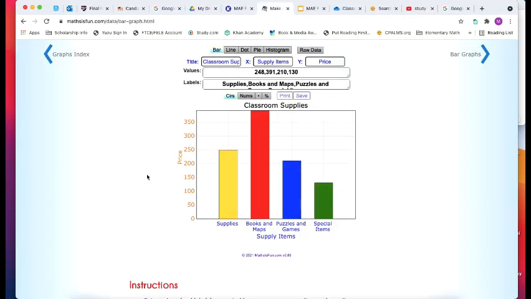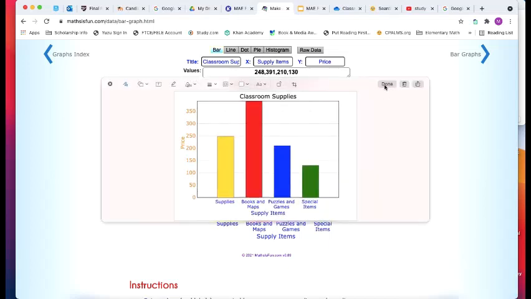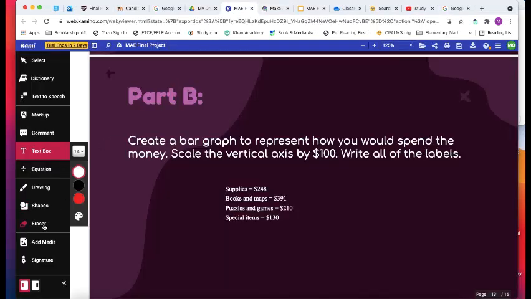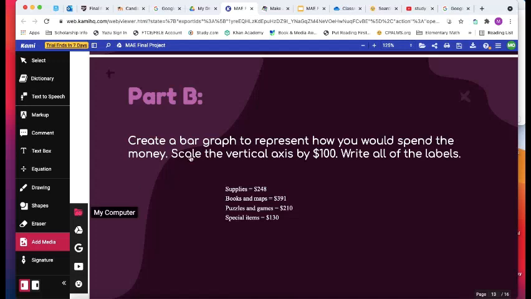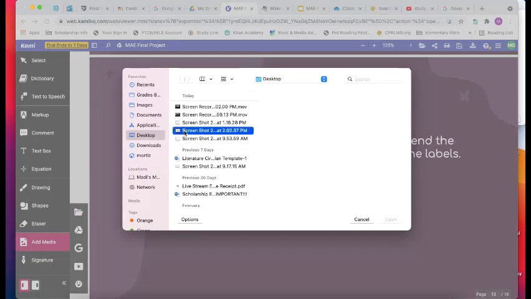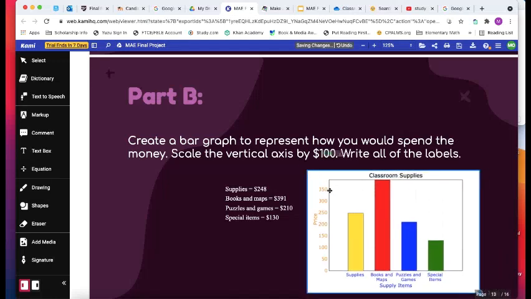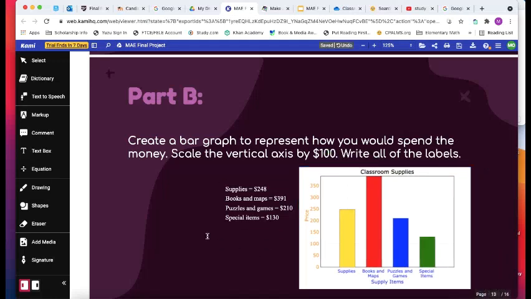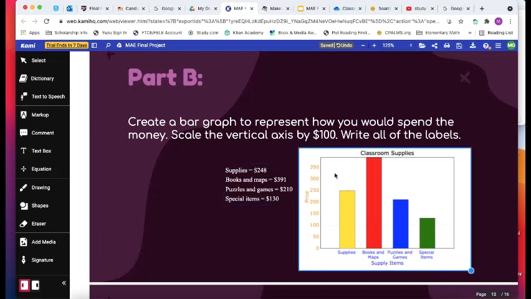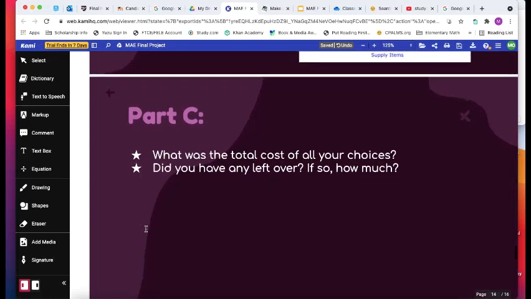So I'm going to take a screenshot of this graph, and I am going to add it to this page just so you guys can see that we have our prices and we made them into a graph.